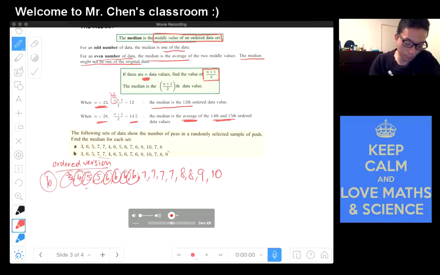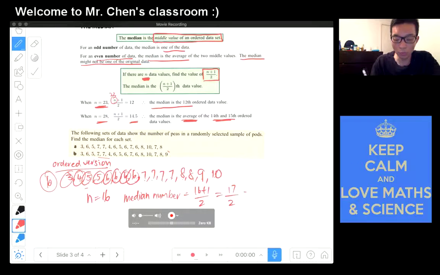So what you have to do next is count 1, 2, 3, 4, 5, 6, 7, 8, 9, 10, 11, 12, 13, 14, 15, 16. So you have n equal to 16. So your median number is 16 plus 1 divided by 2, which is 17 divided by 2, which will give you 8.5.